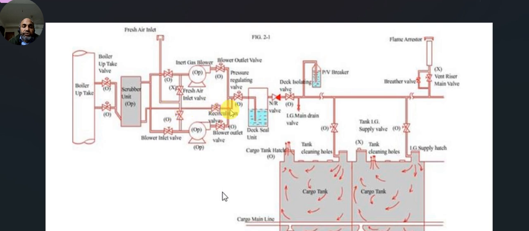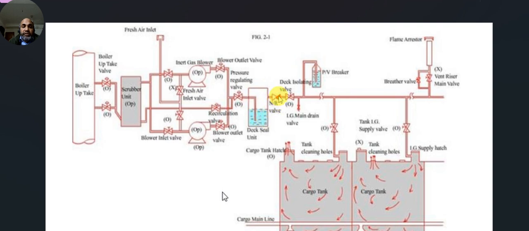Then, when you can see in the analyzer that the oxygen level is less than 8% or 5% as per your requirement, then you open this valve. After this valve, it is coming to the deck seal. What is the deck seal? This works like a seal for this gas.